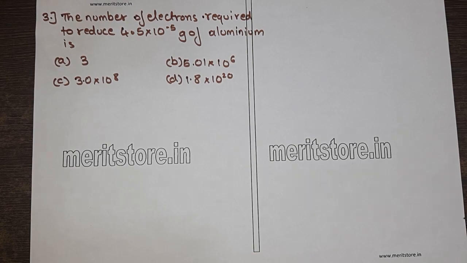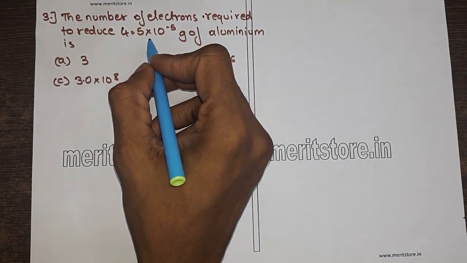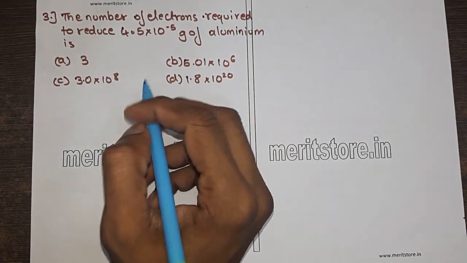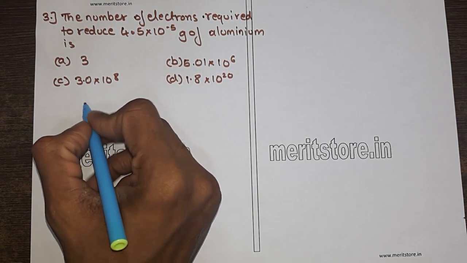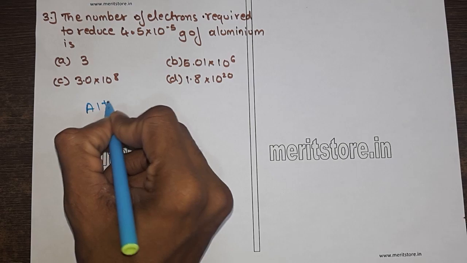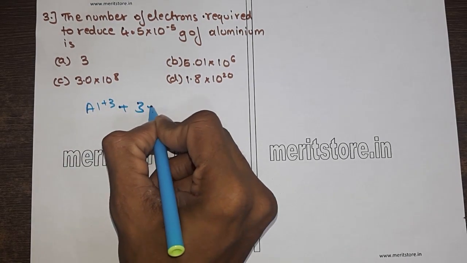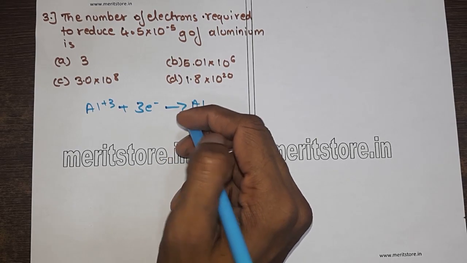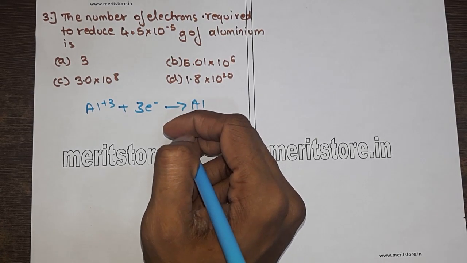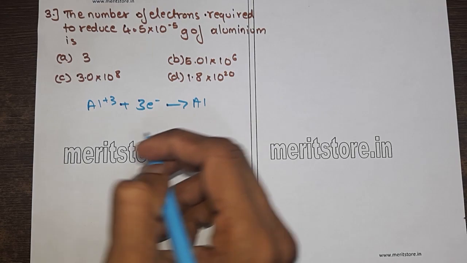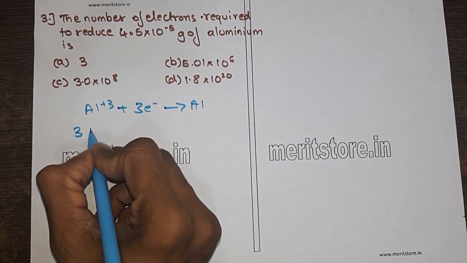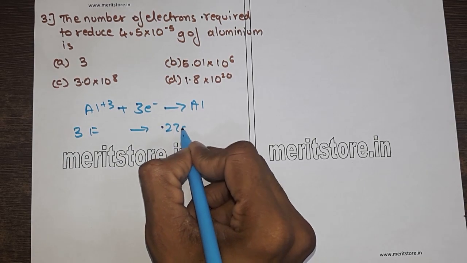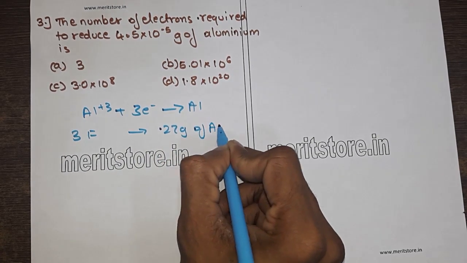Question 3. Number of electrons required to reduce 4.5 into 10 raised to minus 5 gram of aluminum is. We are given 4 options. Aluminium, that is Al3+, needs 3 electrons to give aluminium. So 3 Faraday charge is required to deposit 27 gram of aluminium.